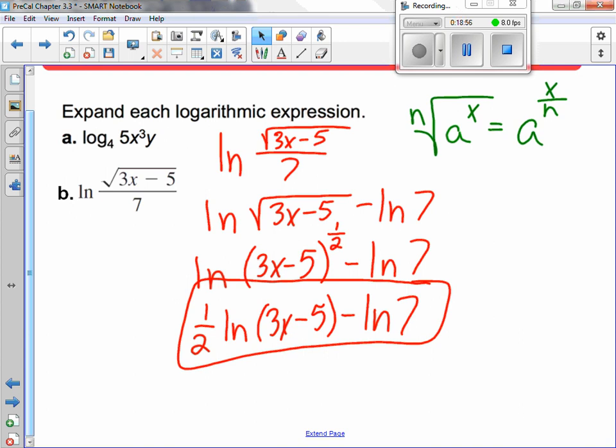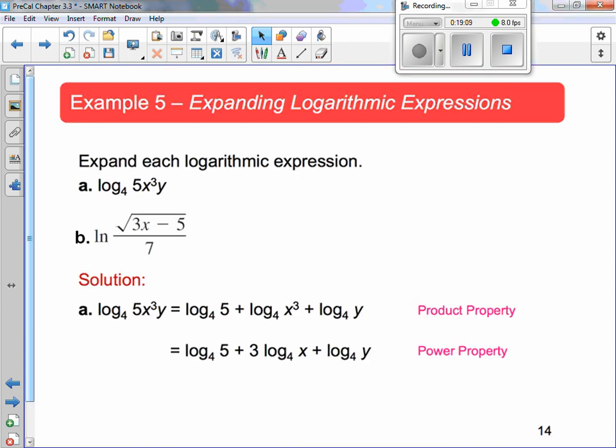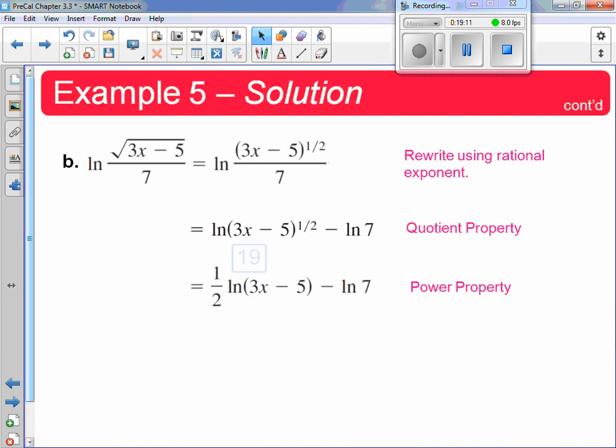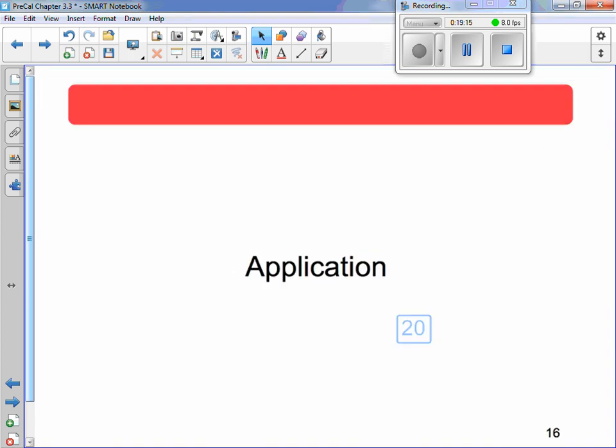So that way, if we're trying to solve this here, I'm not having to take the natural log of a square root. I'm just taking the natural log of that. And it's a little bit easier to solve. Any questions on this here?